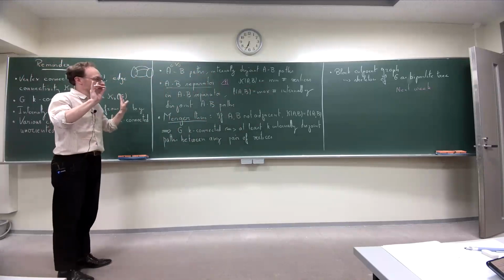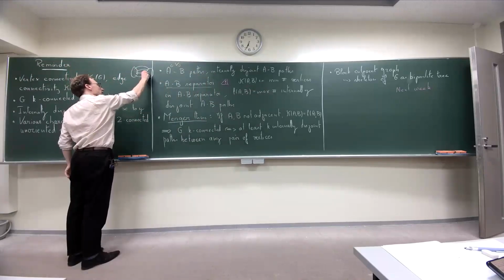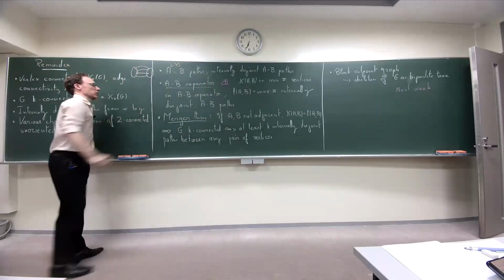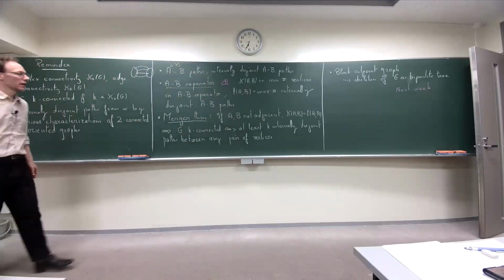This holds for a connected graph if A and B are not adjacent, which means there is no direct edge from one set to the other. If they are not adjacent, you have this equality. If they are adjacent, you have to be more careful.